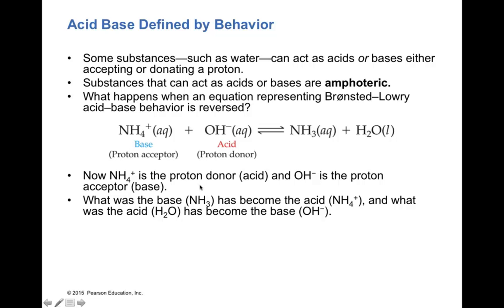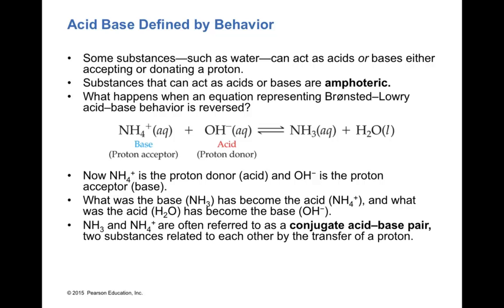Now NH4+ is the proton donor, so it's the acid, and OH- is the proton acceptor, so this one is the base. What was the base NH3 has become the acid NH4+, and what was the acid H2O has become the base OH-, or hydroxide.